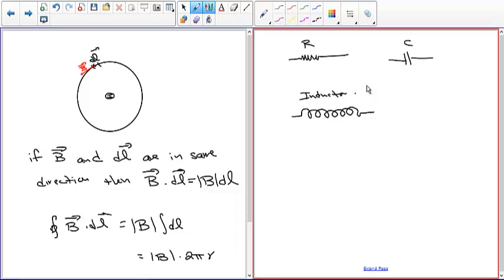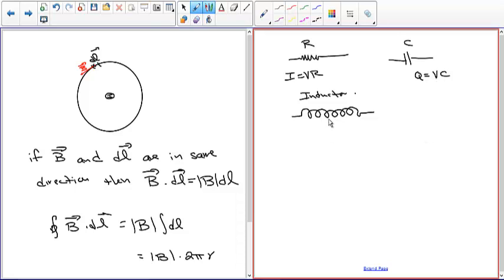I know I'm already past my time, but here we had Ohm's law, which said the current was equal to the voltage divided by the resistance. For a capacitor, we said that the charge was equal to the voltage times the capacitance.